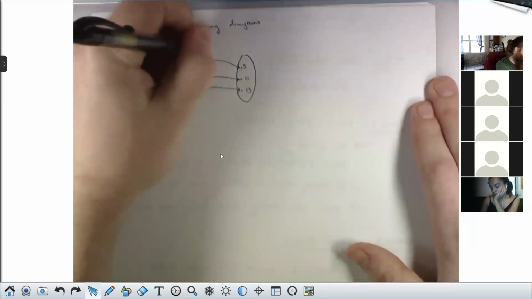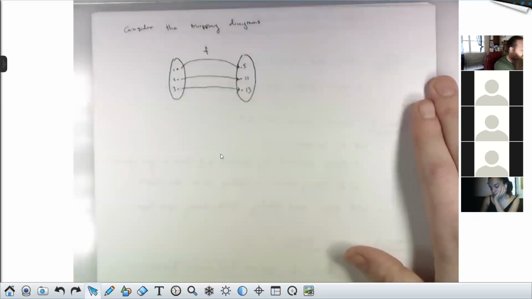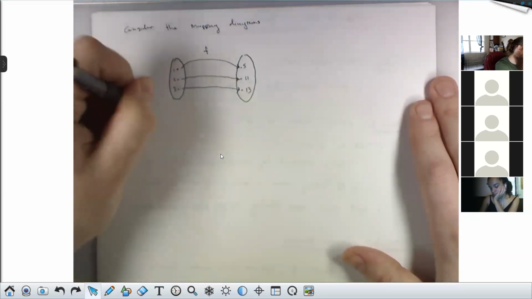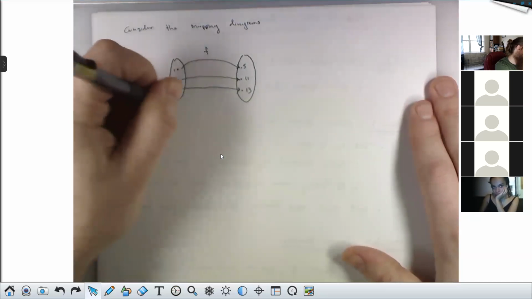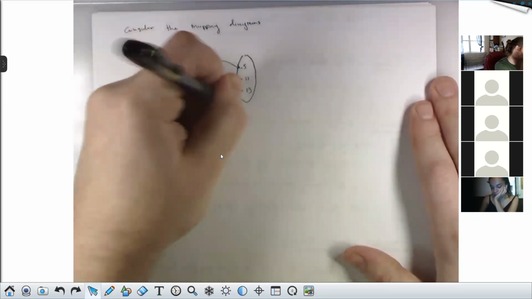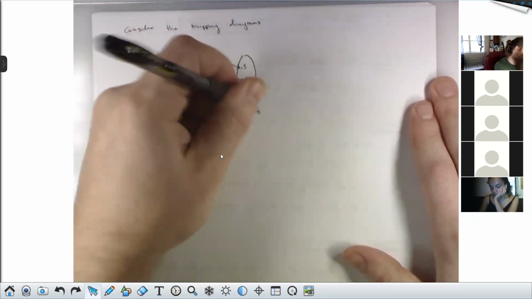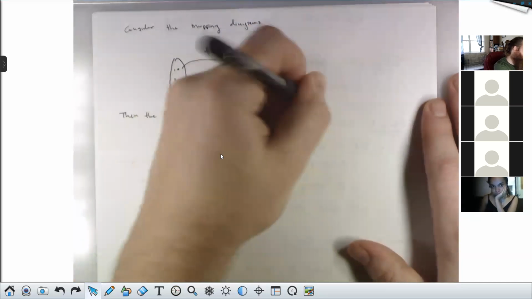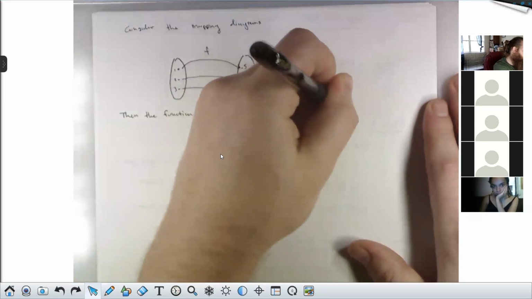if this is what the function f does, then the function that undoes f we get by reversing the arrows.